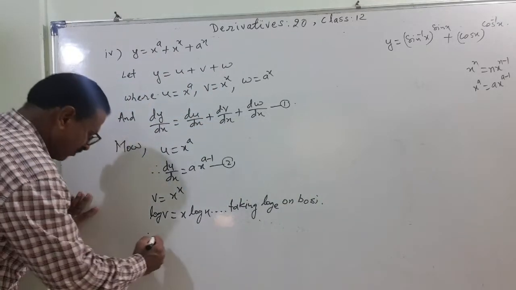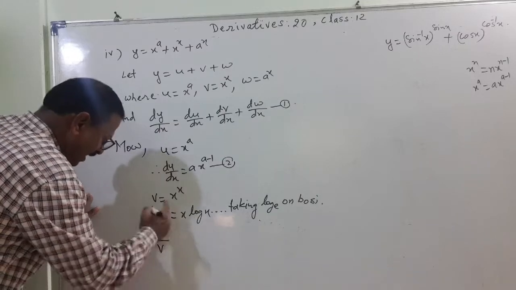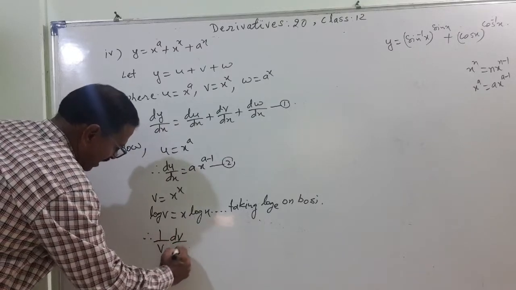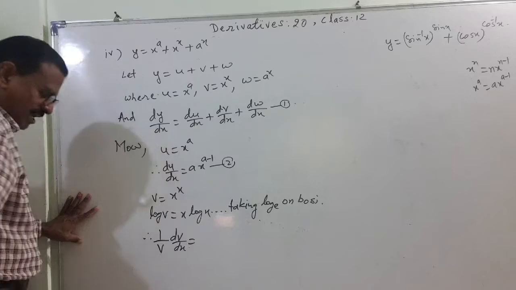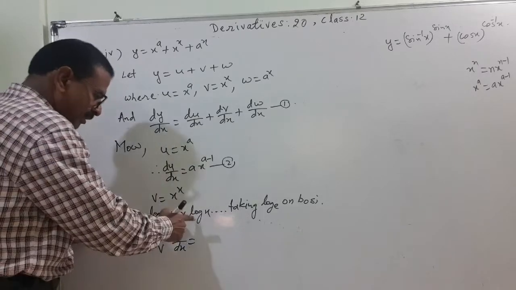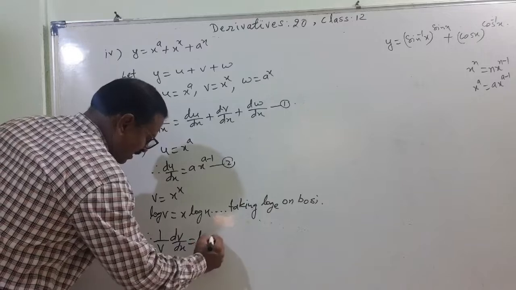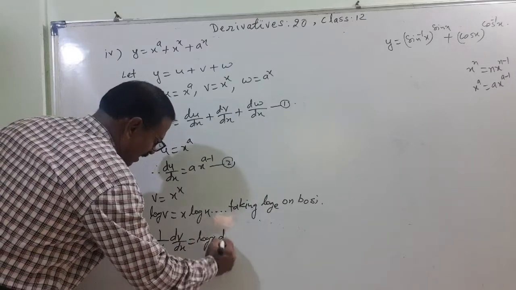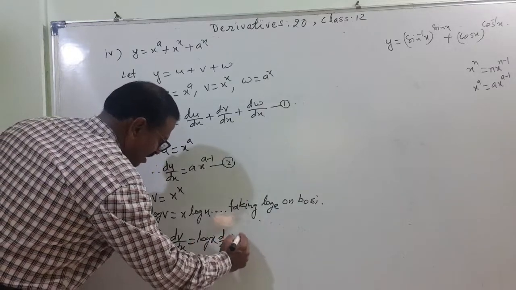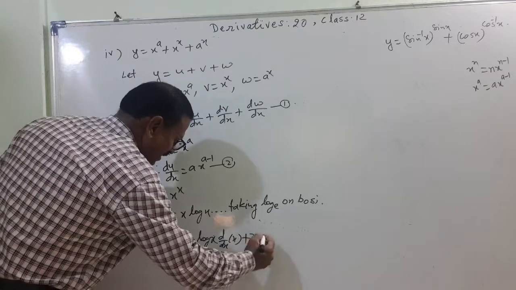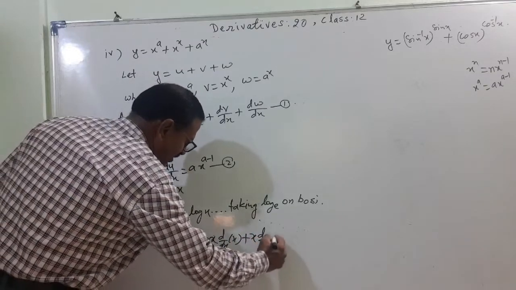Now differentiating, 1 upon v into dv by dx is equal to, this is u into v, this is u, log x I will keep as it is, and d by dx of x, plus x I will keep as it is, and d by dx of log x.